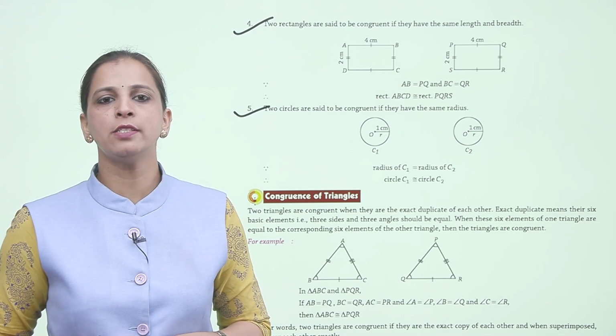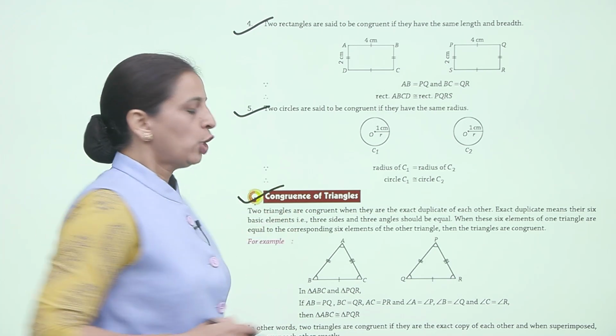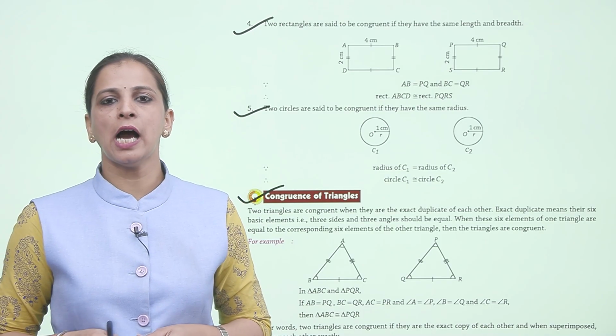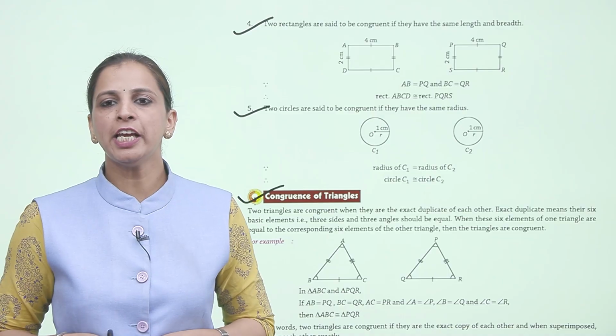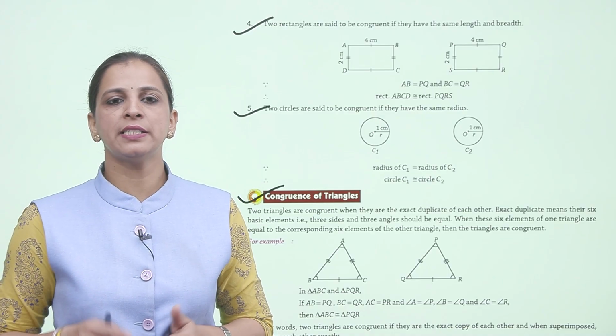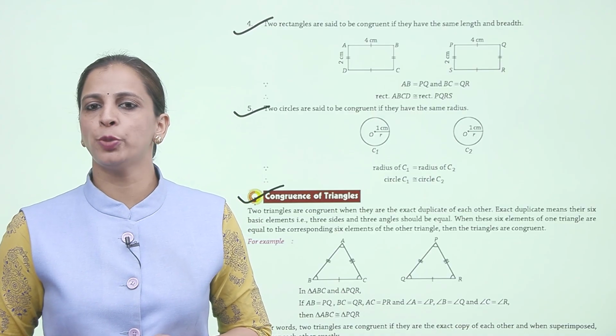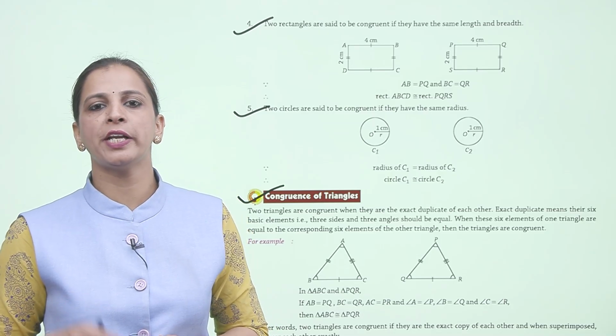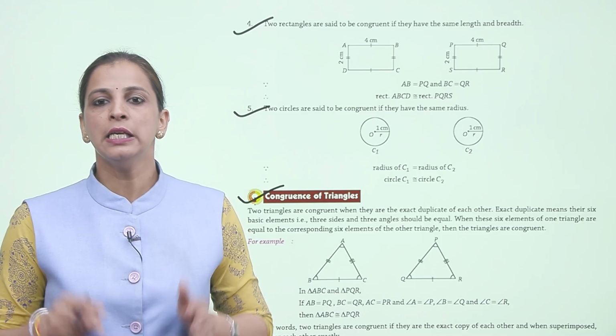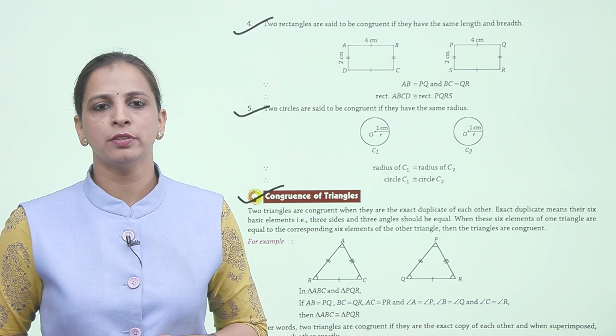Now, next is congruence of triangles. Two triangles are congruent when they are the exact duplicate of each other. Exact duplicate means their 6 basic elements, that is 3 sides and 3 angles, should be equal. When these 6 elements of one triangle are equal to the corresponding 6 elements of the other triangle, then the triangles are congruent.